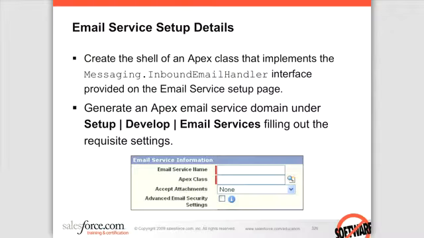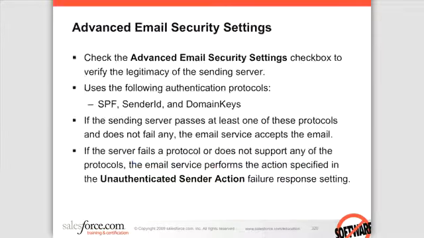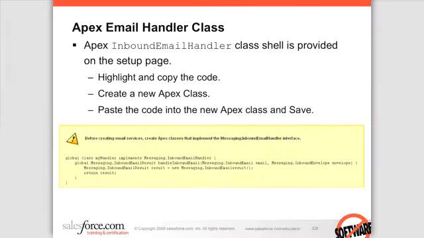Instead of doing the slides here, I'm just going to skip through this, but later on I'll do a demo showing you how to generate the email service and what these different settings mean. There are different security settings. I'll talk about that.